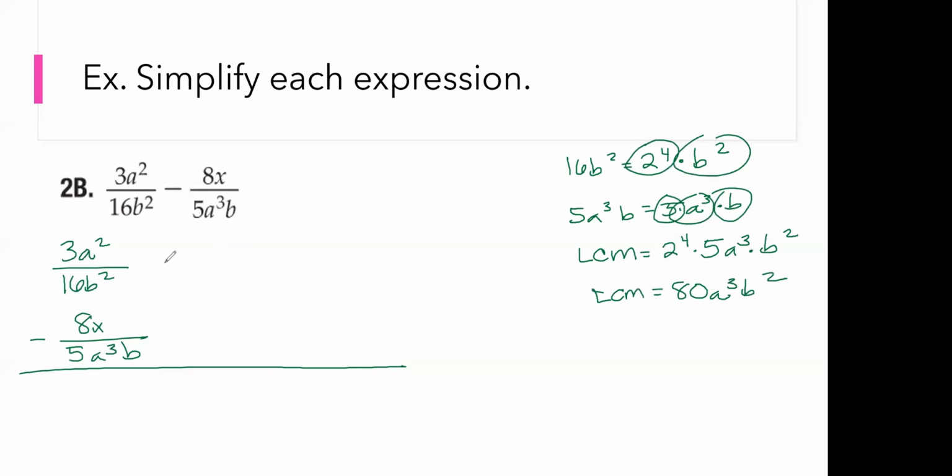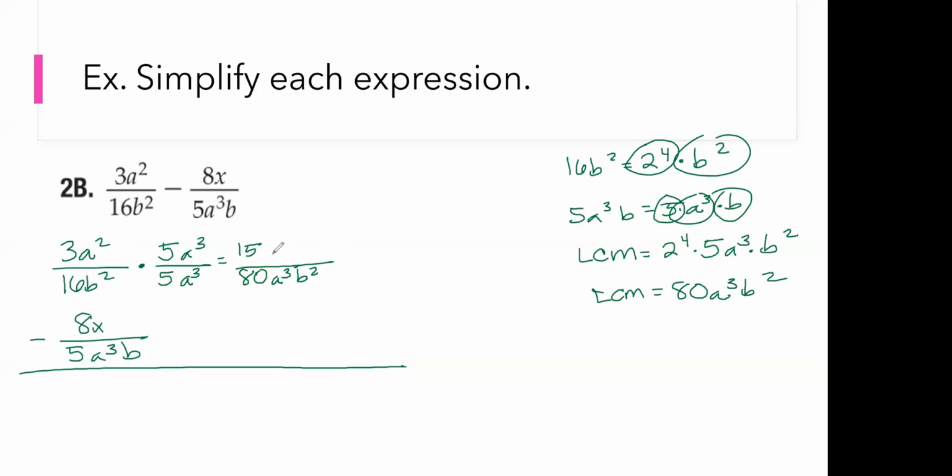So I have to multiply this fraction by, well, to go from 16 to 80, I'm multiplying by 5, and I've already got the b squared, but I don't have the a cubed. So I need to multiply this fraction by 5a cubed, and when I do that, my denominator is 80a cubed b squared. And my numerator, I would multiply 3 times 5, that's 15.